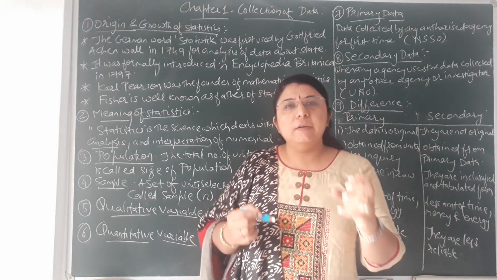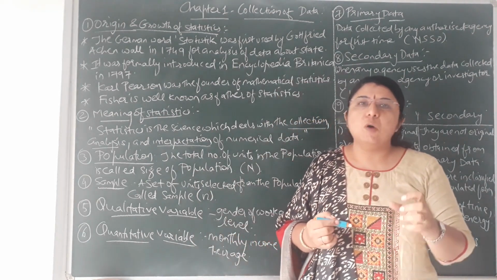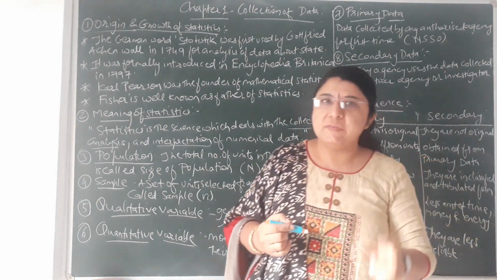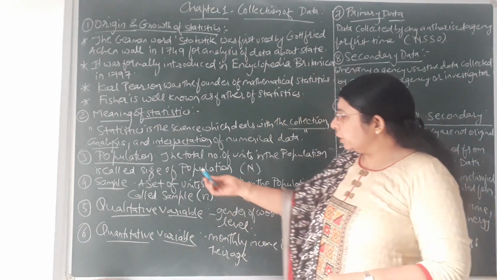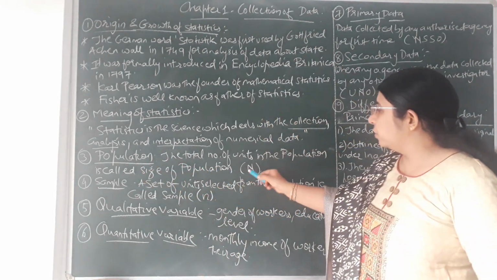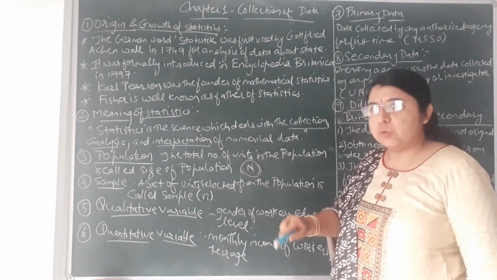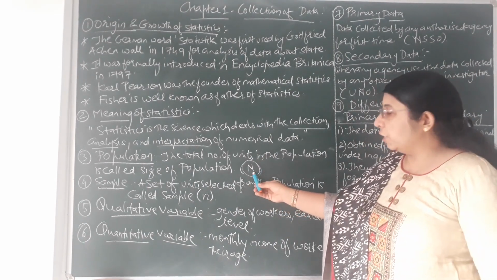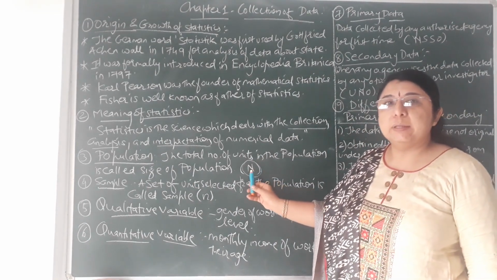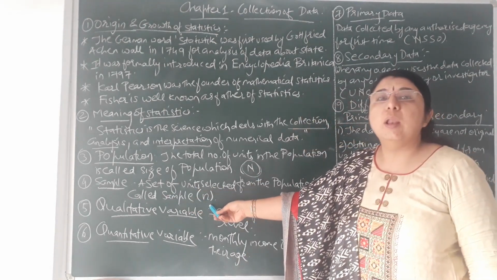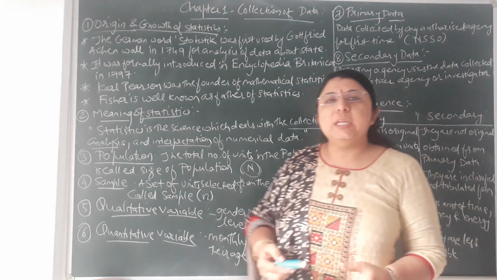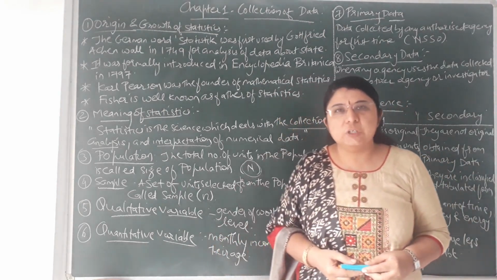Then those 100 workers selected out of the total population of 700 become your sample. Students, you have to remember that population is always denoted by capital N, and sample is always denoted by small n.